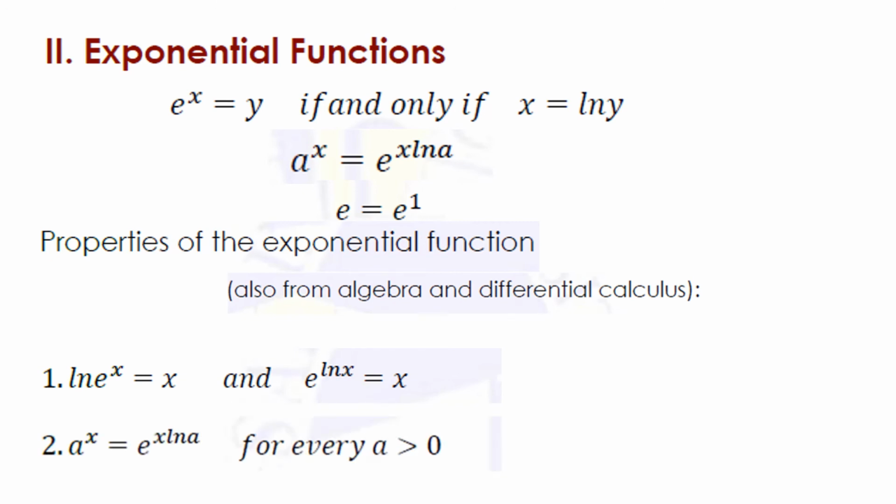The second property is a raised to x is equivalent to e raised to x times the ln of a for every a greater than 0. The third property is that e raised to a multiplied by e raised to b is equivalent to e raised to a plus b. And the last one, e raised to a divided by e raised to b is equivalent to e raised to a minus b.